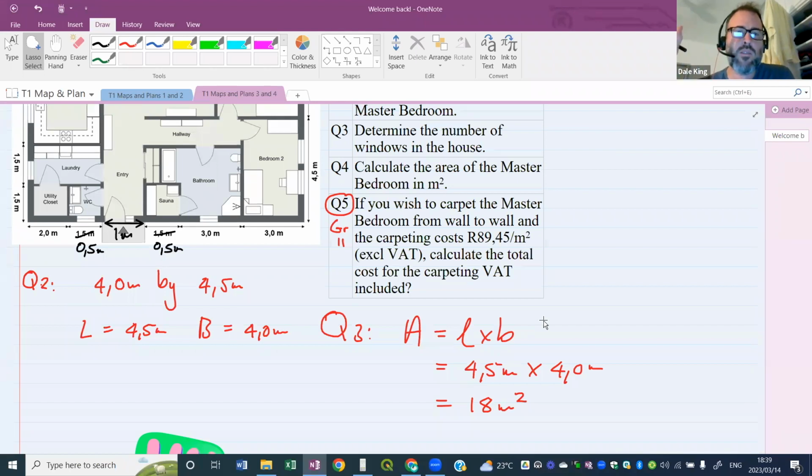No one sells carpeting or tiles per centimeter squared, but for some reason, Teacher Dell's being fussy and he needs the answer in centimeters squared. Be careful with this. How on earth are we going to change this into centimeters squared? I need centimeters squared.